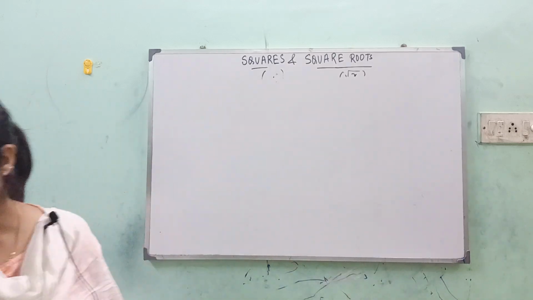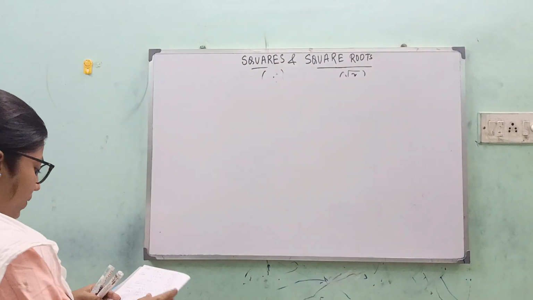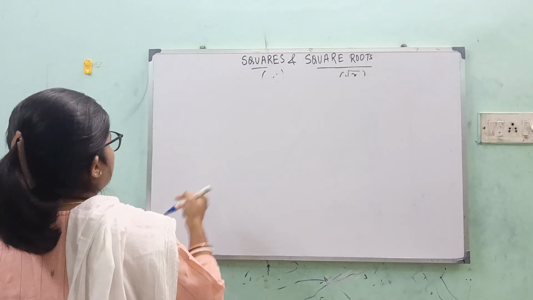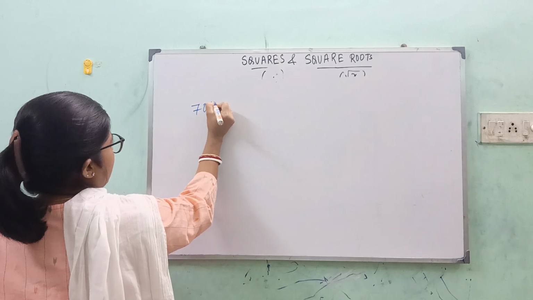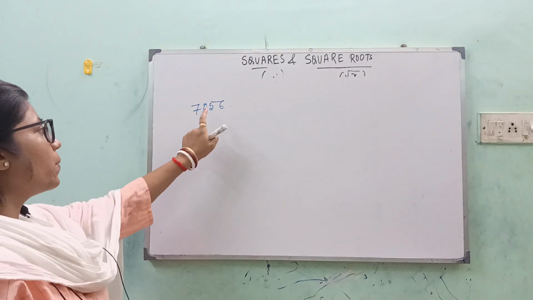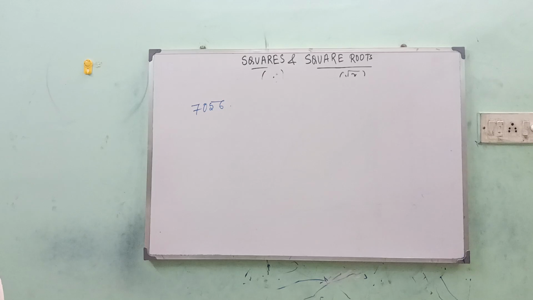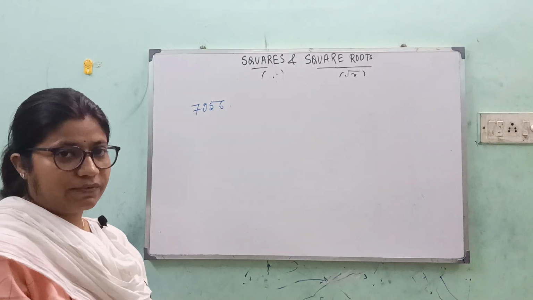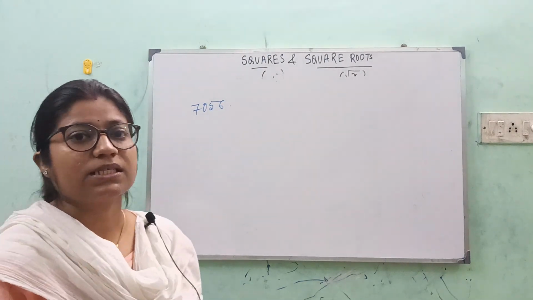Now let us do one sum, that is how to find whether 7056 is a perfect square or not. I'll give you 10 seconds. Quickly find a number whose square is 7056. Find the number whose square is 7056 if 7056 is a perfect square.